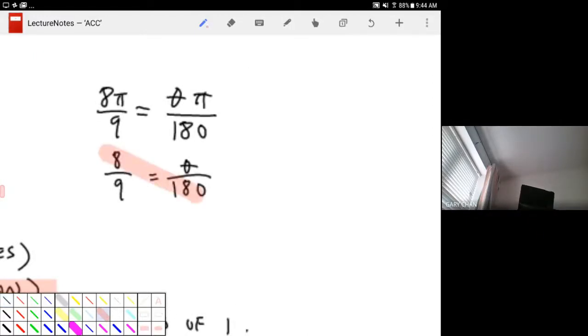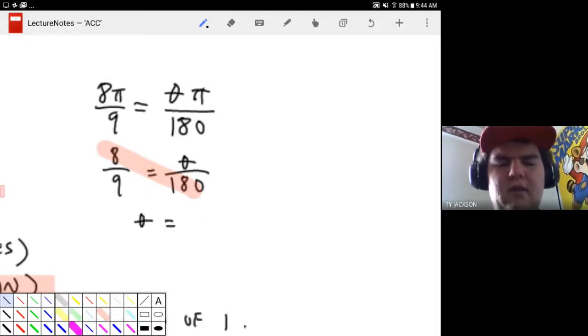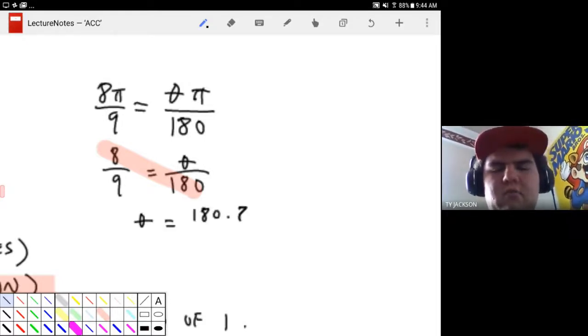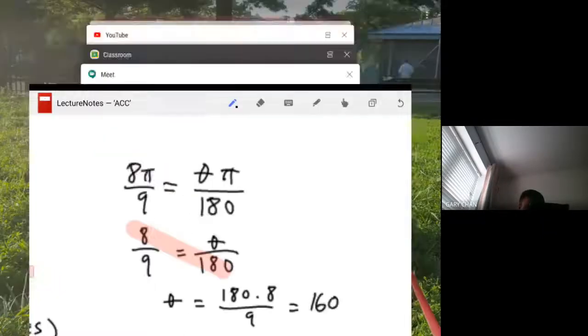So theta equals 180 times 8 over 9. And what is that? 160. Nice.